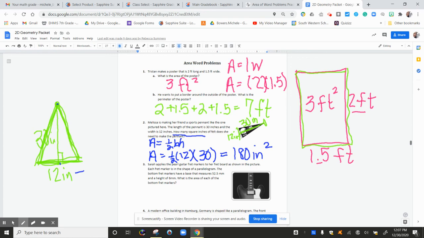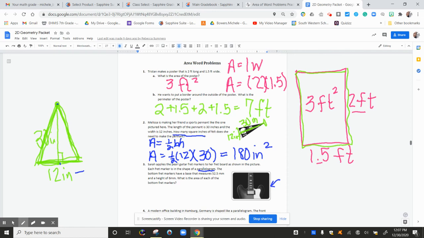The key to doing these problems is, first, draw a picture of what's being described. Even if they have a picture, like this one of a guitar, that's really not going to help. A fretboard is a rectangle or a parallelogram, and it tells us it's a parallelogram, so you're going to want to draw a parallelogram.